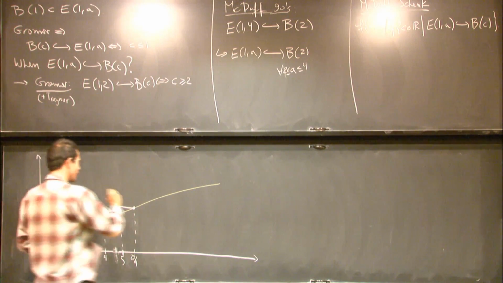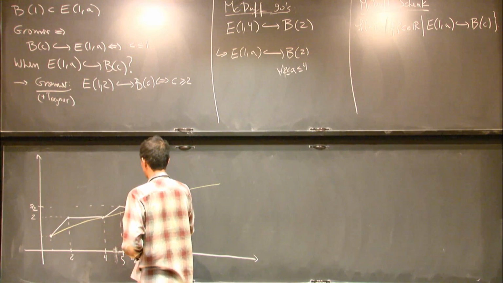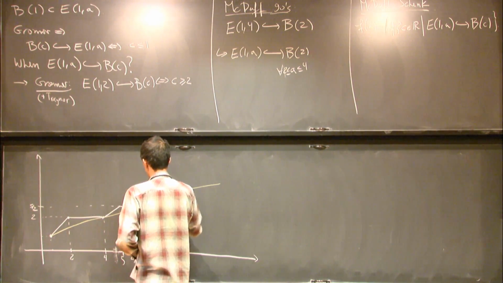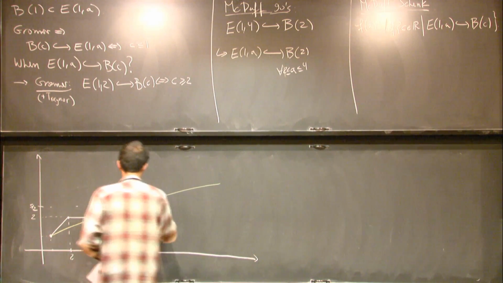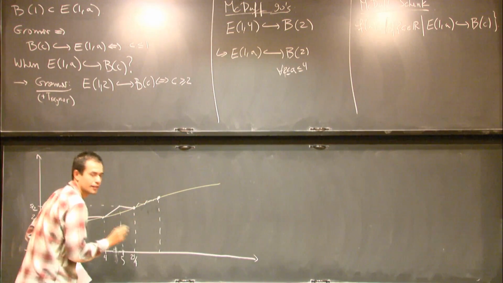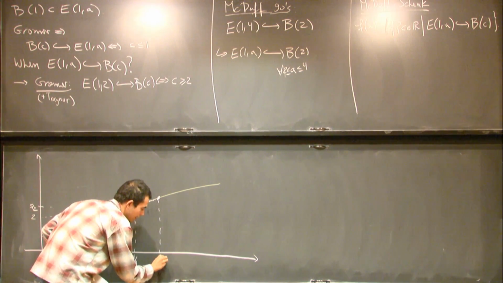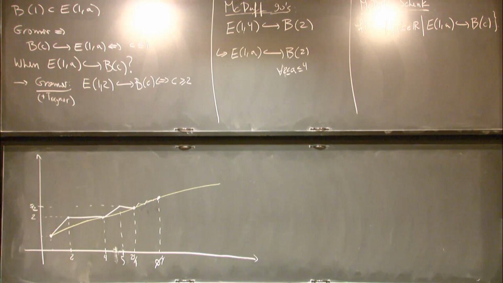And then it's actually going to do an infinite number of these steps where the slope is getting smaller and smaller, and it's going to converge to here, which is the fourth power of the golden ratio.